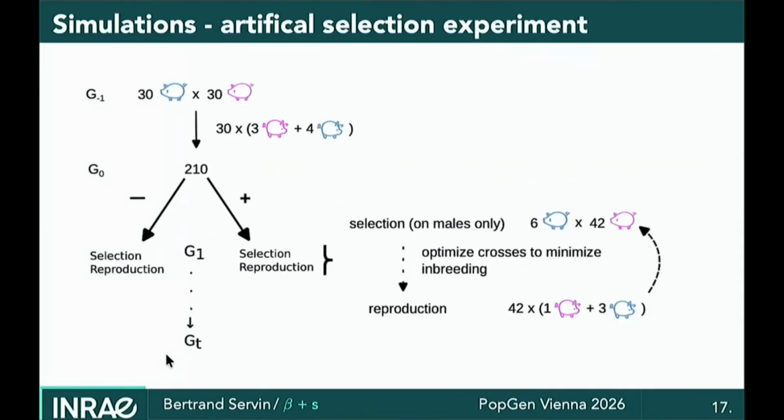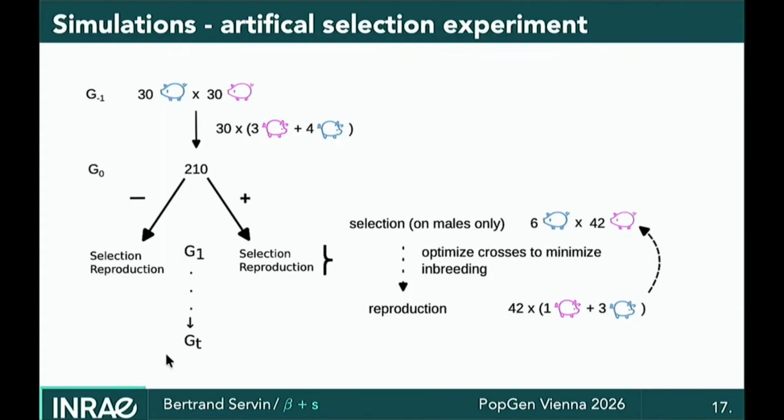So our context, because this is real data that we will analyze, but later, so you will not see, is this artificial selection experiment that was conducted by some colleagues. So they crossed some pigs and then selected in two divergent lines for one trait, which was residual feed intake, which is a measure of feed efficiency in the pigs.